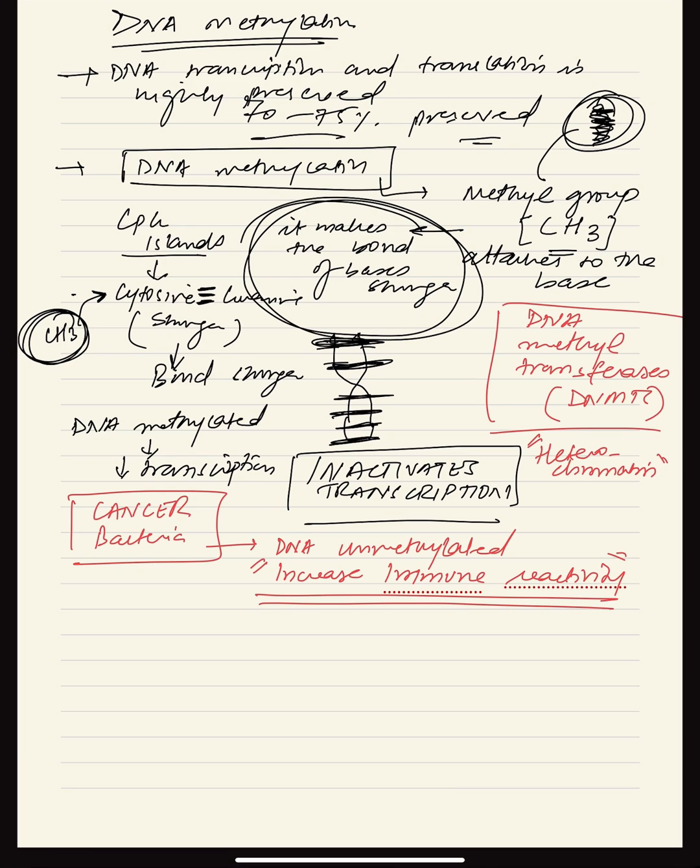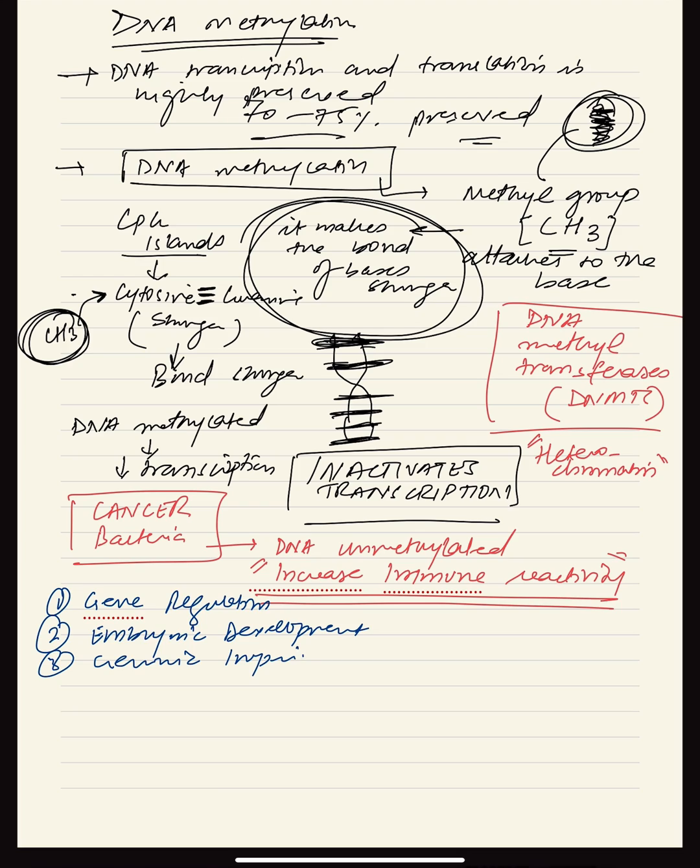And other key functions in healthy individuals, why DNA methylation is important for maintaining health as well, is that it's important for gene regulation, right? Let me just write it. It's important for gene regulation. It's important for embryonic development. It's important for genomic imprinting.